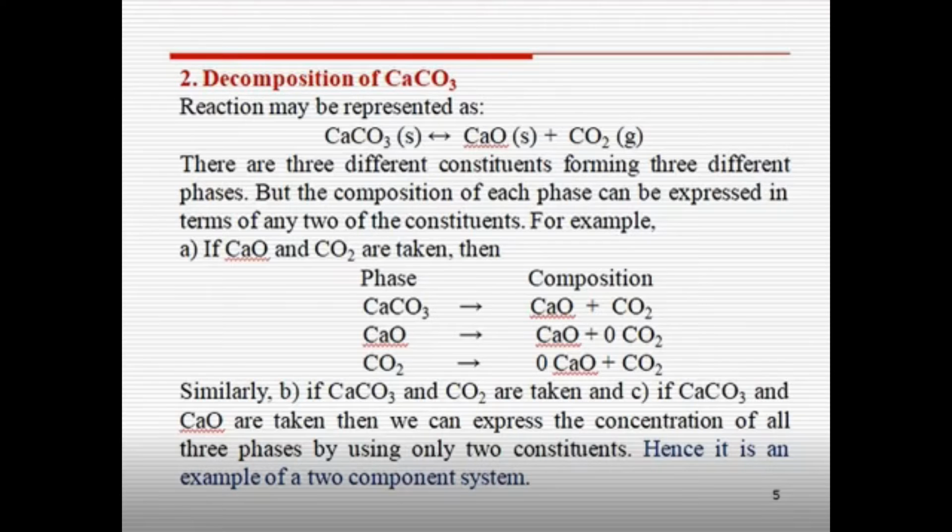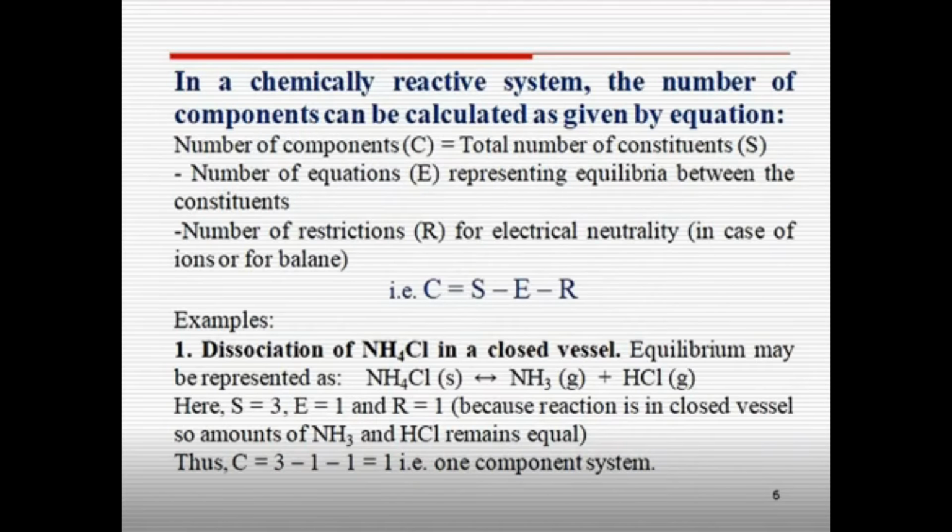Similarly, in the second case, if calcium carbonate and carbon dioxide are taken, and in the third case, if we take calcium carbonate and calcium oxide, then we can express the concentration of all three phases by using only two components or two constituents. Hence, it is an example of a two component system.